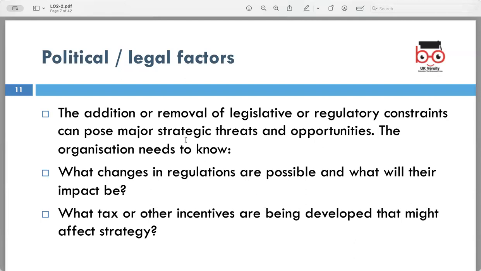In order to ensure the organization's success, it is imperative that they have a comprehensive understanding of the implications of any potential changes in rules. What kind of tax or other incentives are now being developed that have the potential to influence strategy.